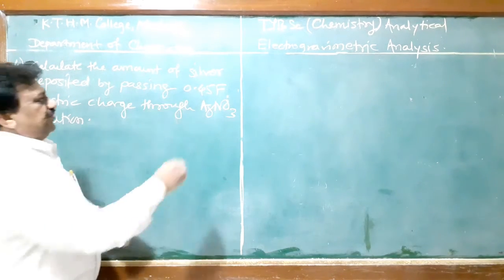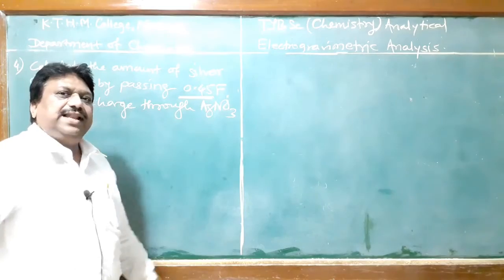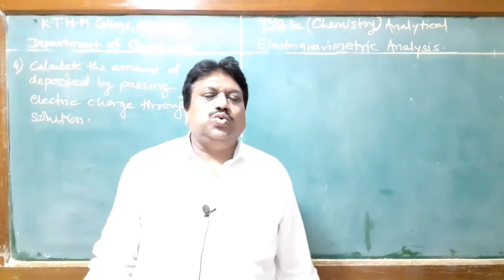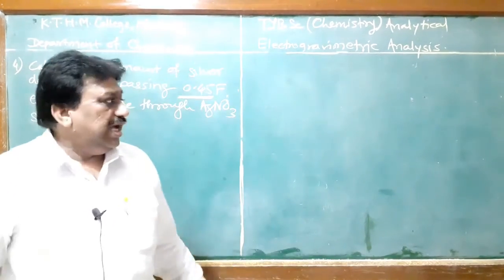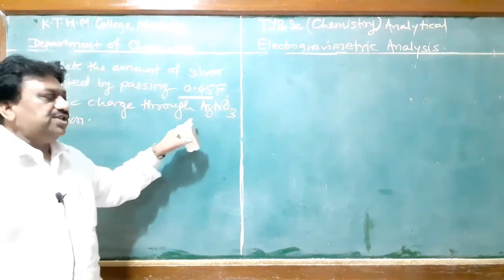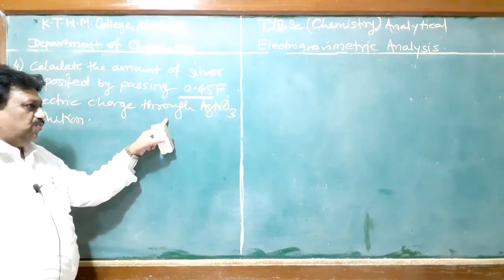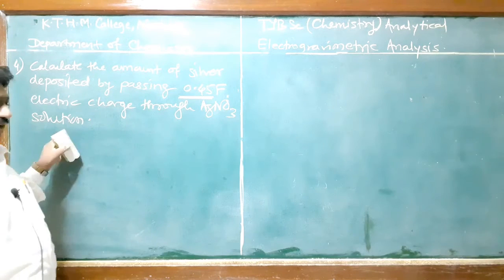Here only this much Faraday, that is electric charge, is passed through a silver nitrate solution, and we have to find out how much amount of that silver is deposited in this case.